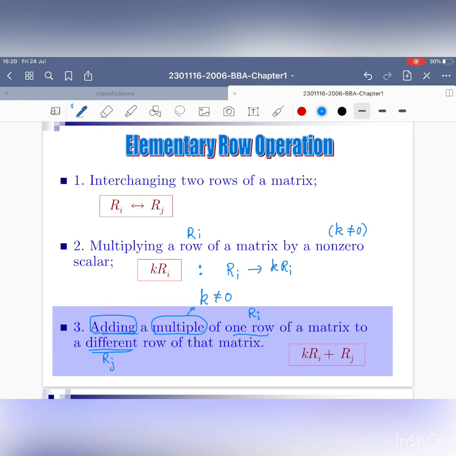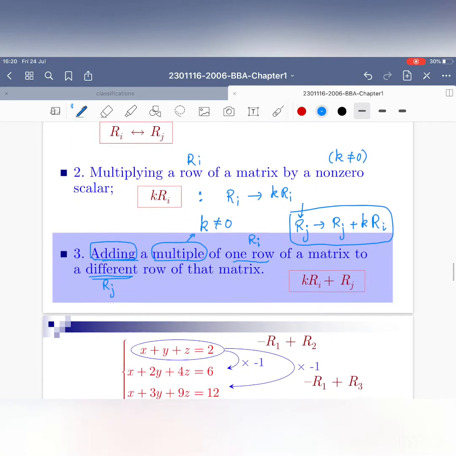Usually we write it as the row that we change. For example, we change Rj to Rj plus k times Ri. We write it this way so that we indicate which row is changed.